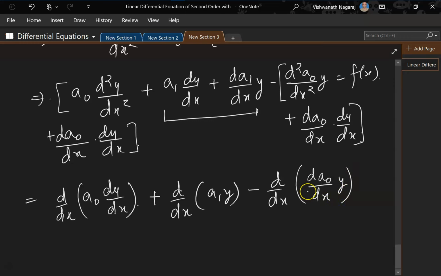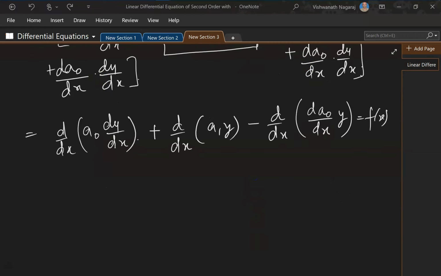Now, whenever you do this kind of tricky thing, just reverse the process and see. So dA naught by dx as it is, dy by dx, right? Then again differentiate this. So d2A naught by dx square y as it is. So perfect. And this remains as f of x. Now f of x on the right hand side doesn't change. Why? Because on the left hand side itself we have done the balancing act.